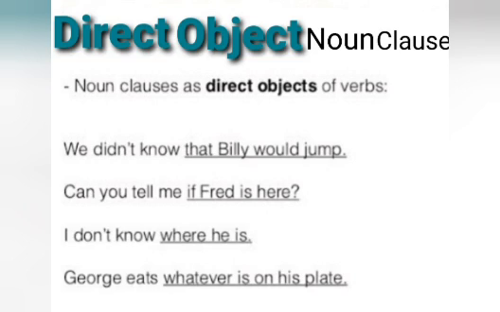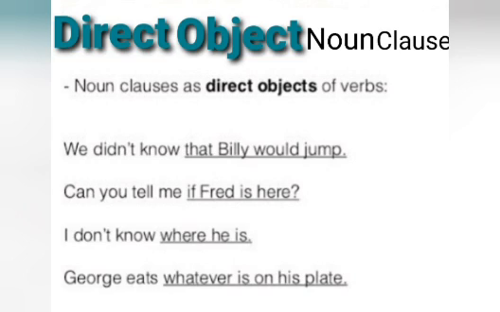Now, I find out the subject and verbs in the sentence. What is the subject here? We. What is the verb? Didn't know. Okay? Now, what is not known? Please understand. What is not known? That Billy would jump. So this is directly related to the verb, that is "know".